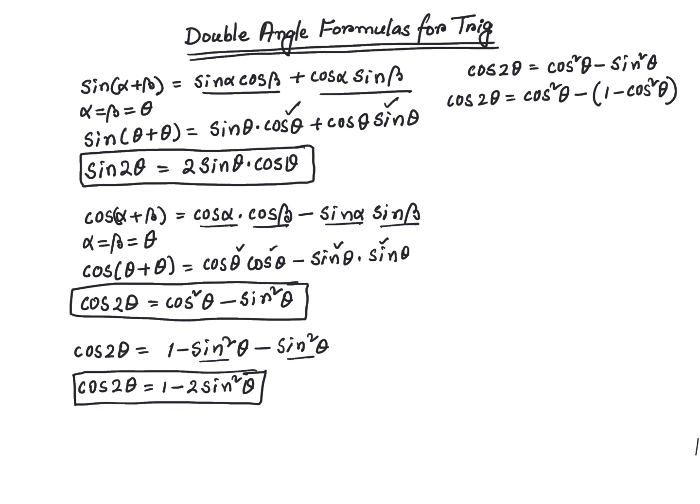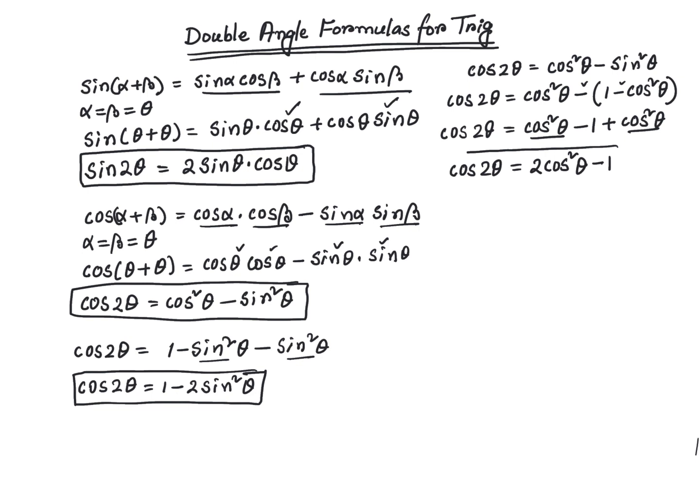Remember that. So cosine of 2 theta is going to be equal to cosine square of theta minus 1, and minus is going to make it plus, cosine square of theta. If I simplify it, I get cosine of 2 theta is equal to cosine square of theta plus cosine square of theta, which is 2 cosine square of theta, then minus 1. And yet this is another variation of the cosine double angle.